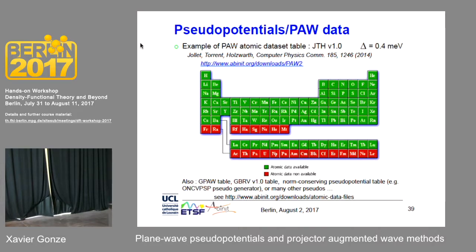Here you have simply to click on one of these green squares and you will obtain a pseudopotential. This table has been thoroughly tested. You will hear more tomorrow in the validation talk. The delta factor is 0.4 meV. You will hear what is the delta factor.